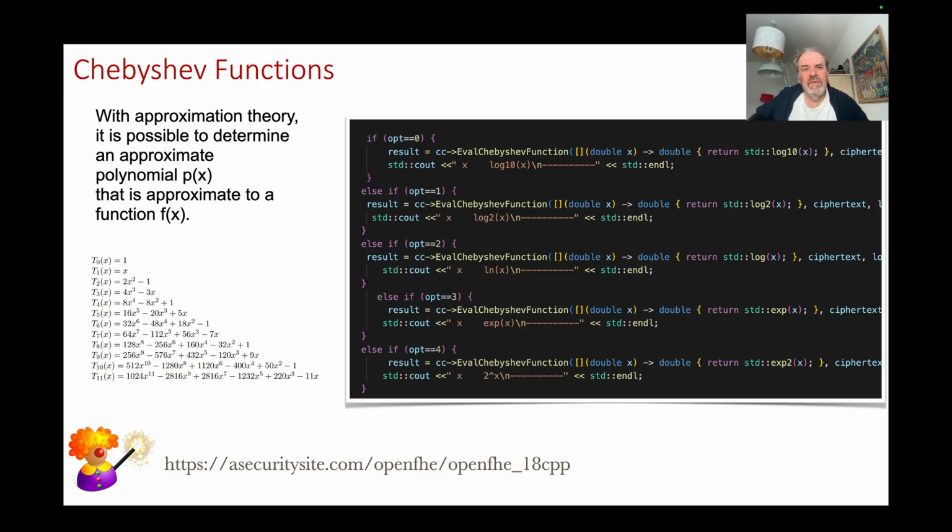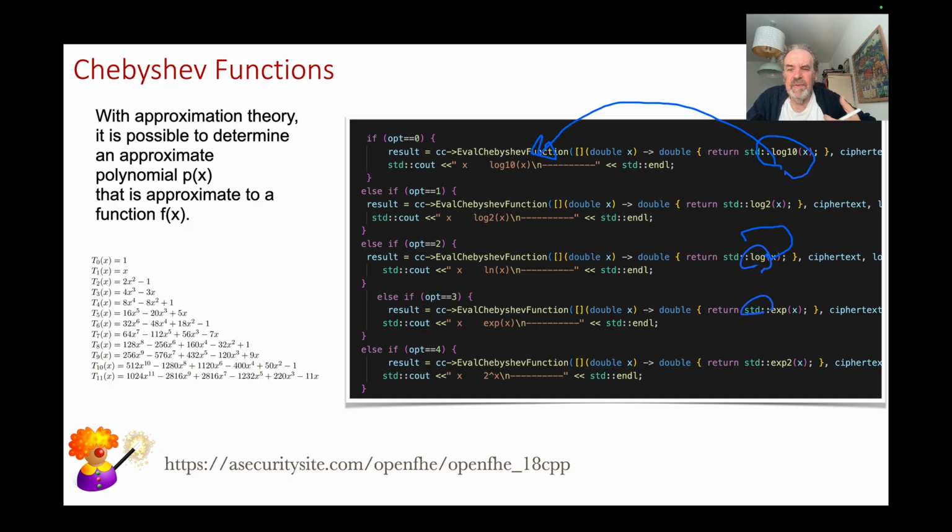A powerful method inside homomorphic encryption is what's called the Chebyshev functions. In this case, we can take a standard mathematical function, such as log10, log2, or log, and convert it into a polynomial format using this Chebyshev function. Once it's in this format, we can use it within our homomorphic encryption.